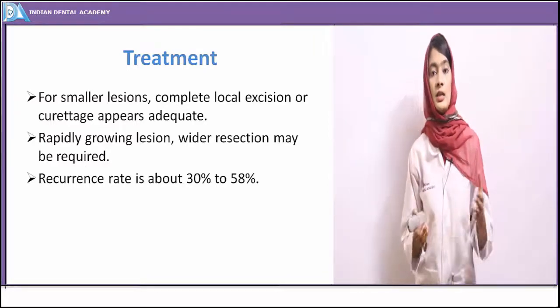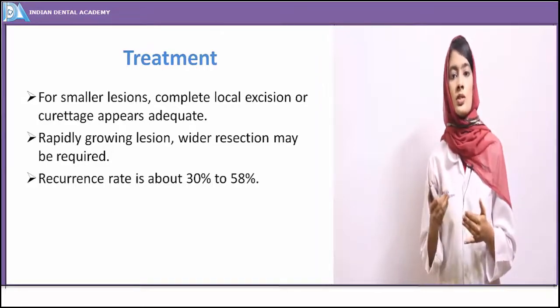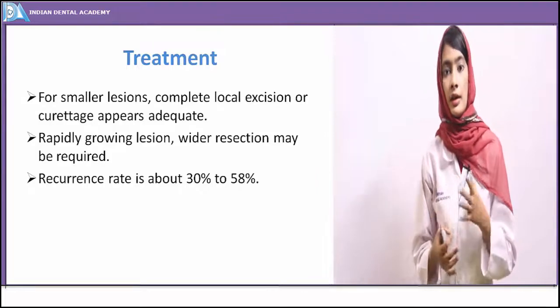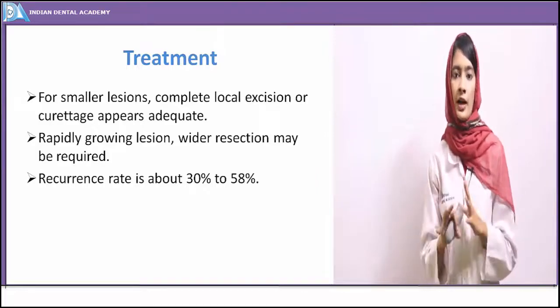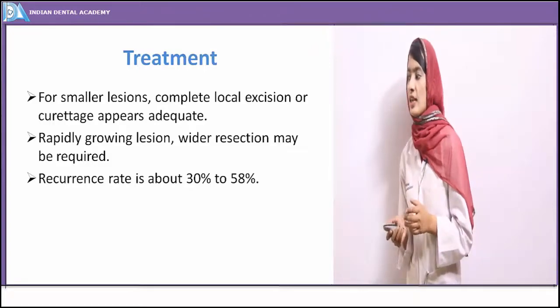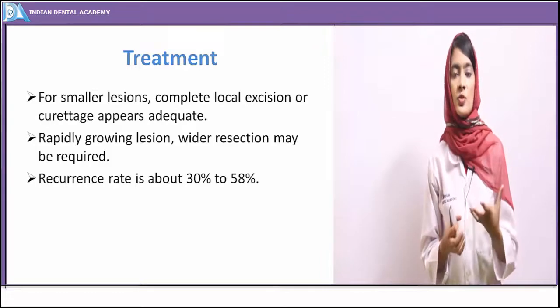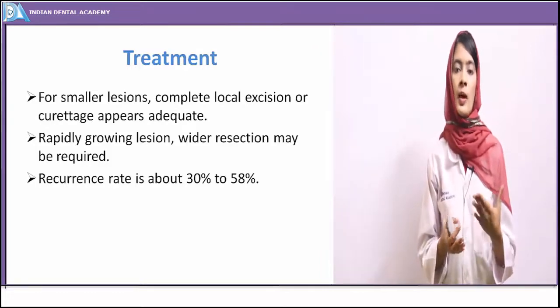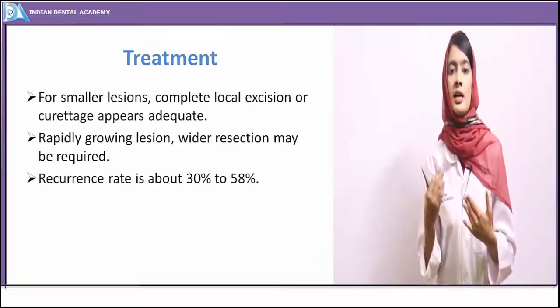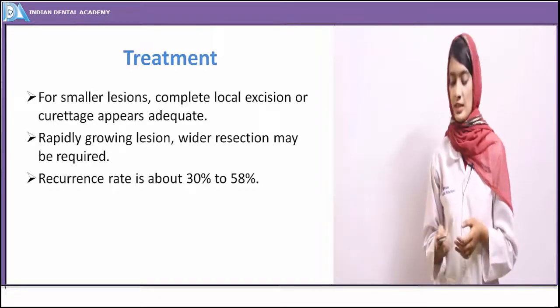Since it occurs in younger individuals, below 15 years of age, surgery is necessary to restore them back to their previous good health. A recurrence rate of about 30 to 58% has been reported. That's why juvenile active ossifying fibroma, though benign, is considered of great significance because of its recurrence rate.